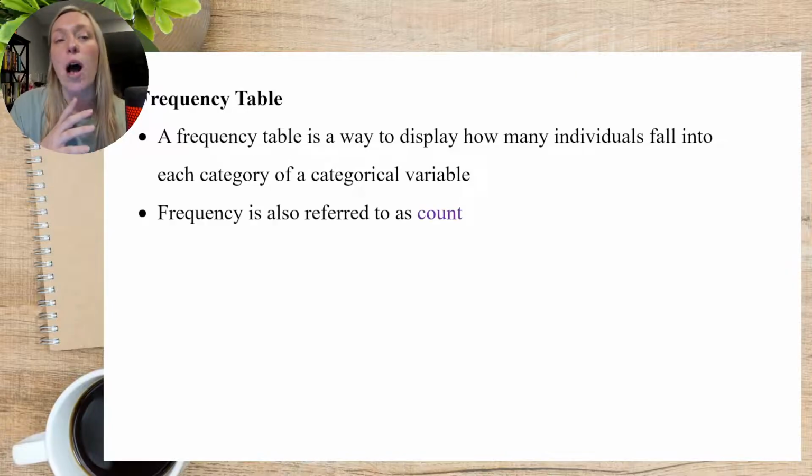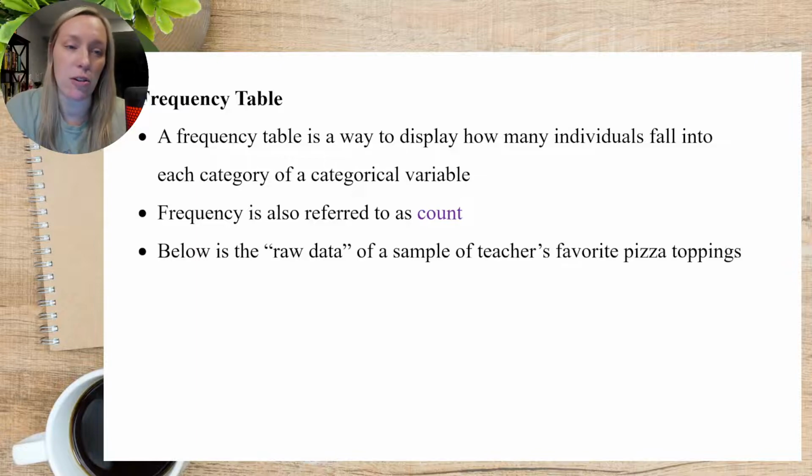Okay? We also interchange frequency and count often. So when you see the term frequency, all it means is count or a tally marking or how many fall in each category.